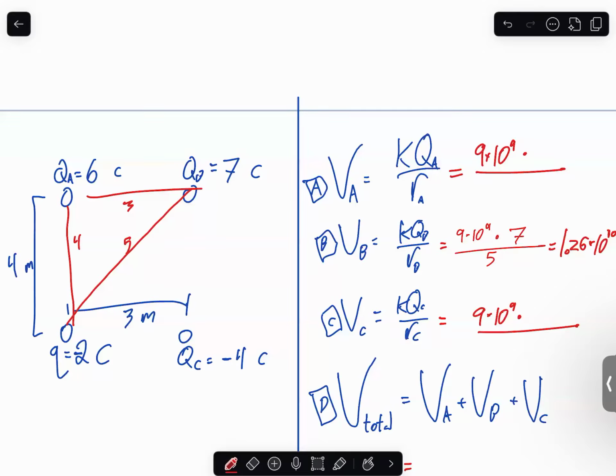Voltage doesn't depend on what feels it. That's a fact. Energy does, force does, but voltage is independent of that which feels the voltage. So you'll never use the test charge when calculating voltage.